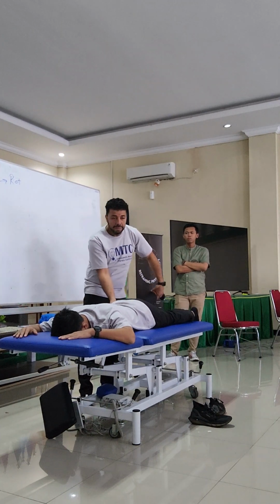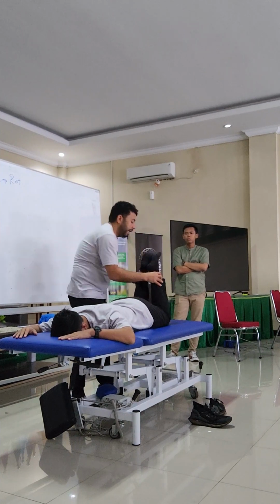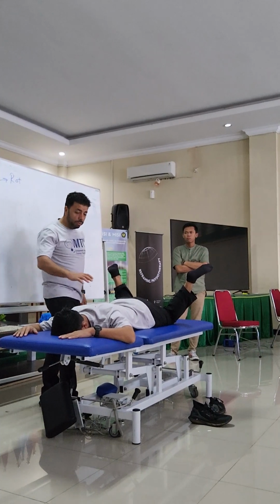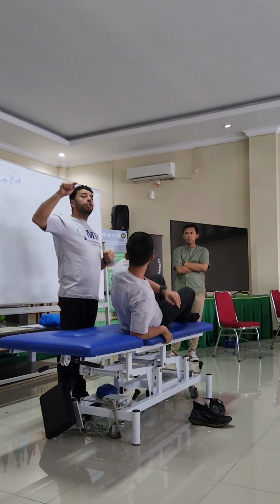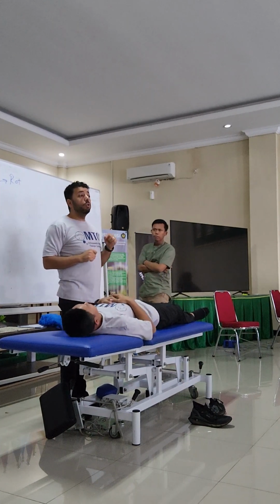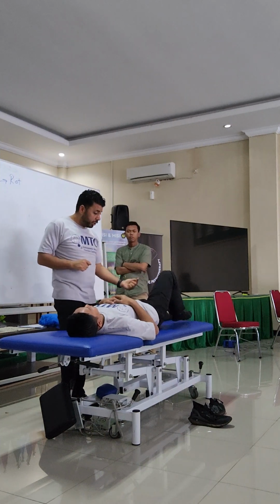Okay, that's enough. Retest. And retest again. Good. Can you lie on your back? If I retest, do you remember which other movement was limited? Flexion. Let's do flexion. Let's retest flexion. Can you retest flexion, please, on this side?